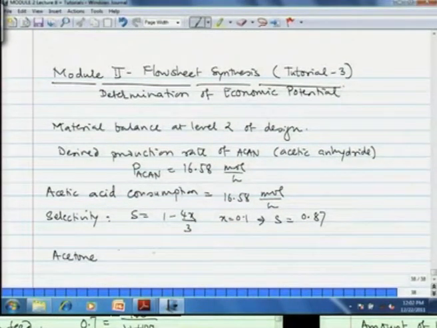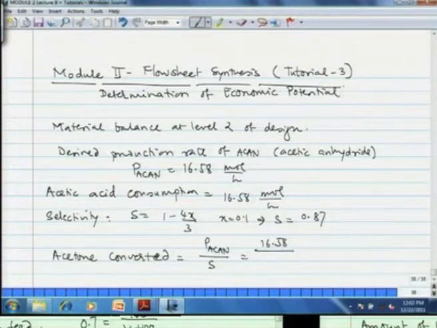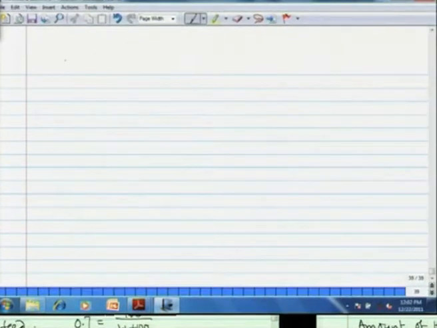The acetone that is converted will be the production rate of acetic anhydride, that is main product, divided by the selectivity. So, 16.58 divided by 0.87, that is 19.06 mole per hour. From stoichiometry, we can easily calculate production rate of methane also as 19.06 mole per hour.